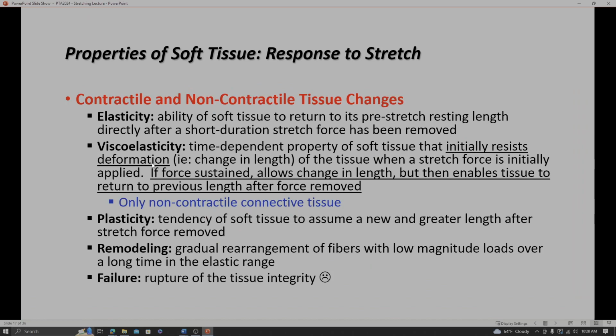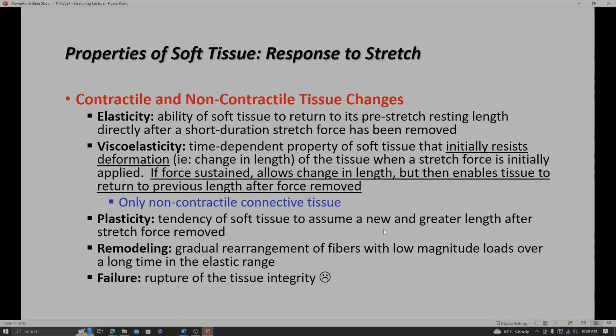Viscoelasticity is a time-dependent property of soft tissue that's going to initially resist deformation or the change in length of the tissue, but when the stretch is sustained over a prolonged period of time, it will allow for a change in length, but still enables the tissue to go back to its previous length once the force was removed. So this is something that we'll use for non-contractile connective tissue. This is also why you'll start to see differences in the way that we're going to stretch contractile versus non-contractile tissue.